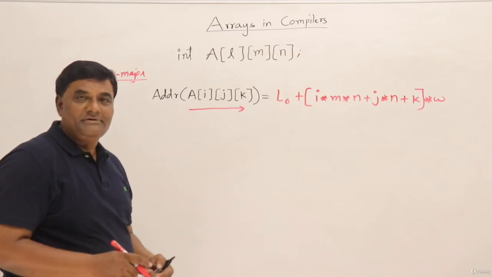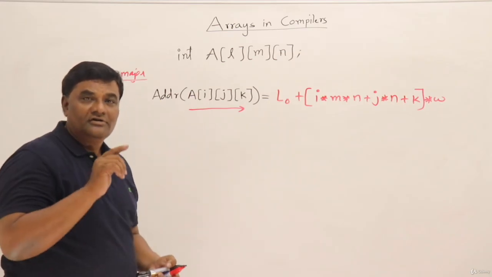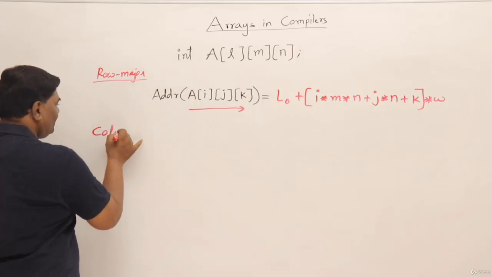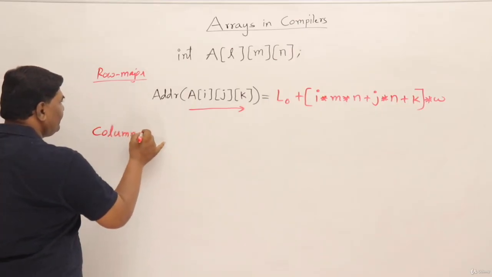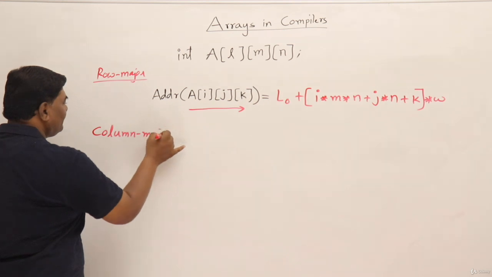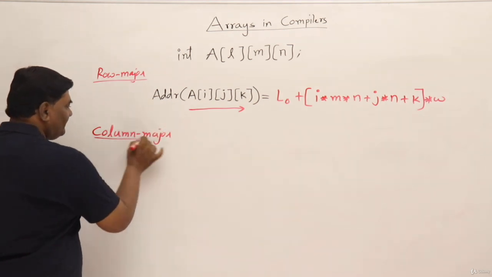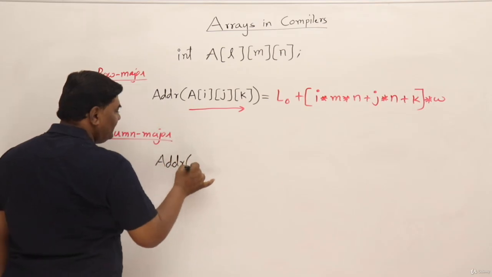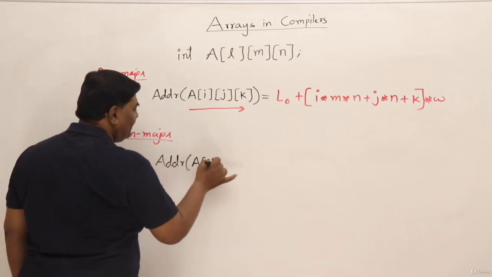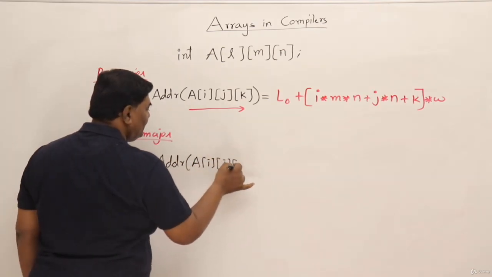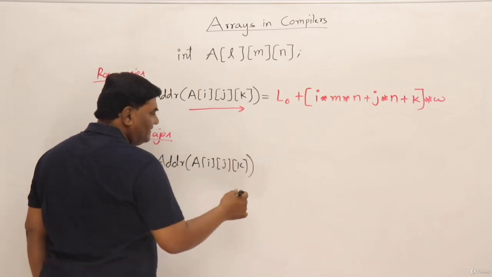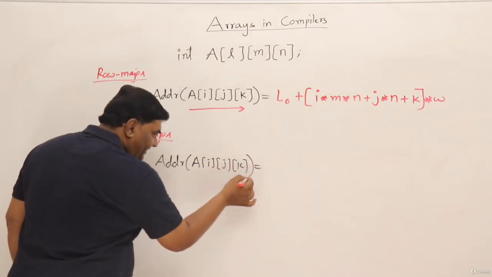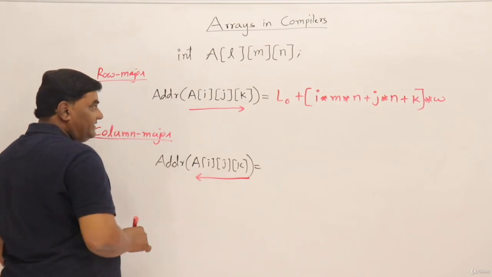Now similarly, let us prepare a formula for column measure representation. So for column measure representation or column measure mapping, address of A of I, J and K, we will prepare the formula by moving from right to left.